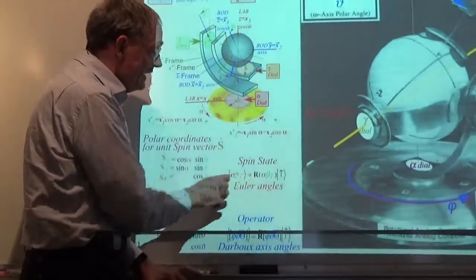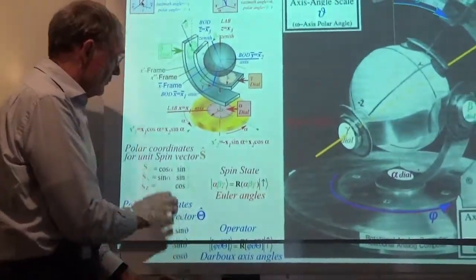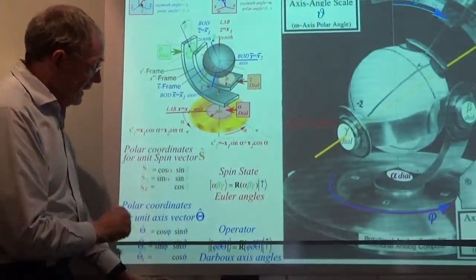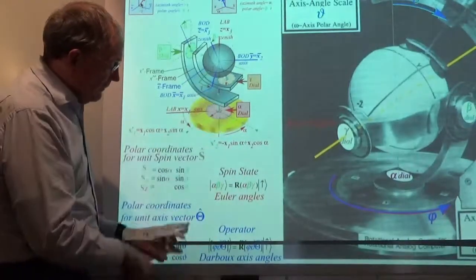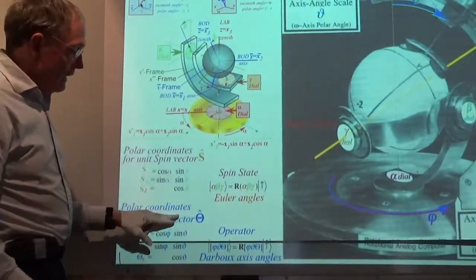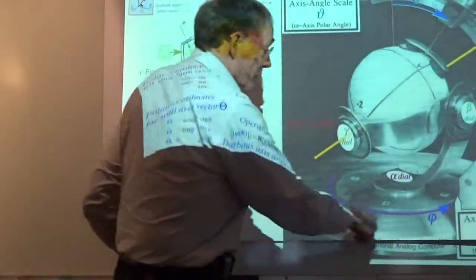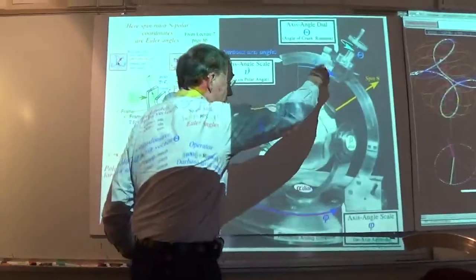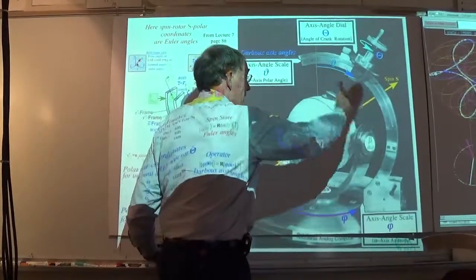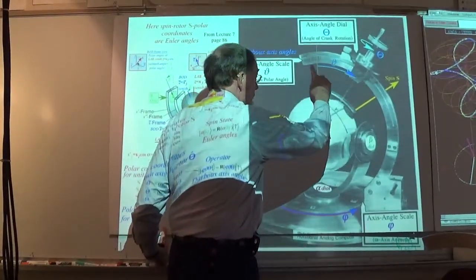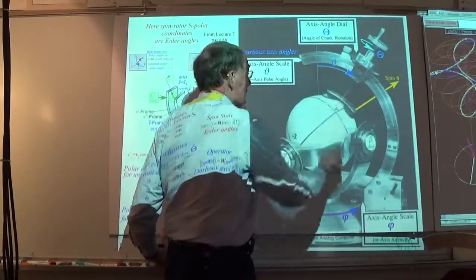So the spin state and its Euler angles are one thing, and the operator that moves spin states with its three parameters, the azimuth of the crank vector, the polar angle of the crank vector, which is just exactly that angle right there.